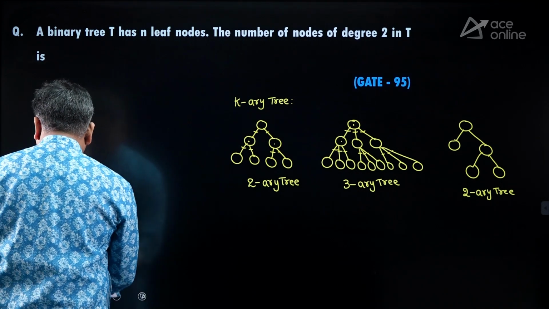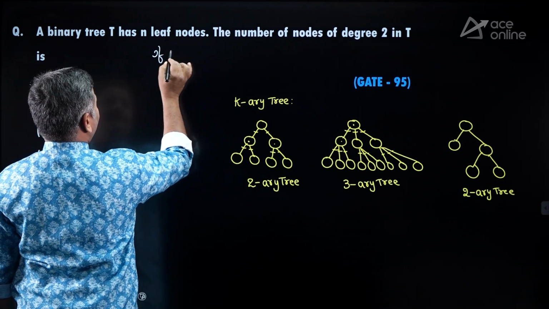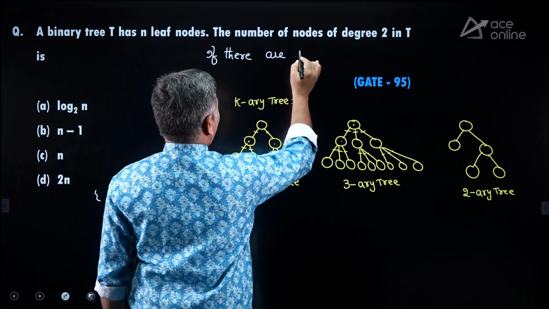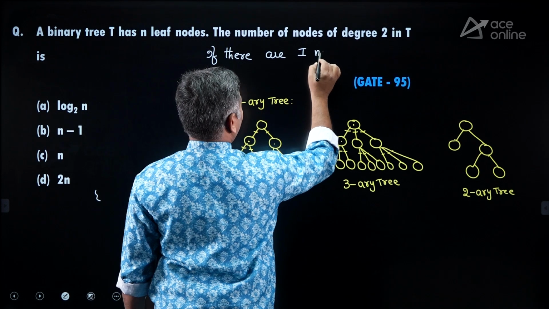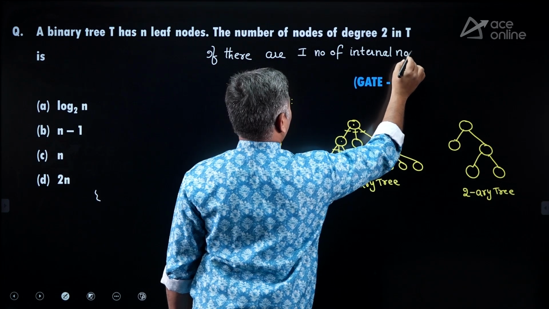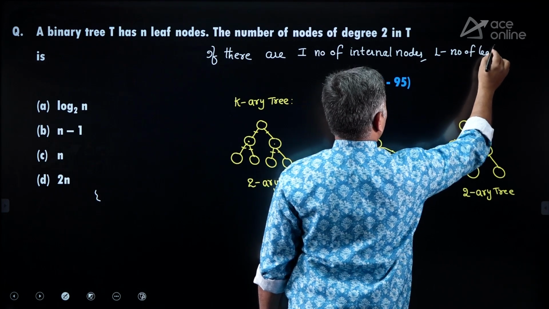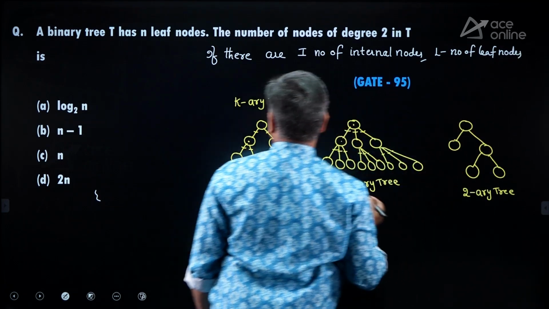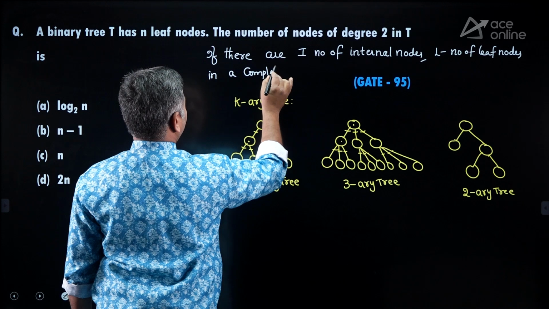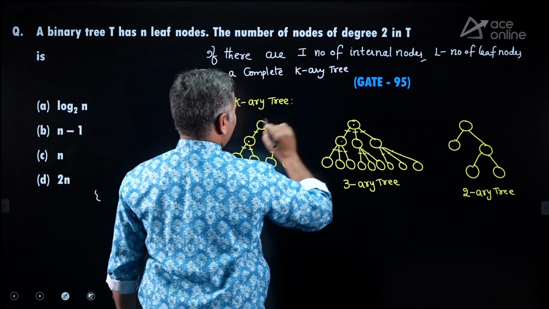Suppose there are I number of internal nodes and L number of leaf nodes in a complete K-ary tree.